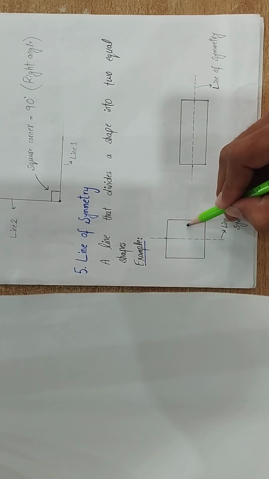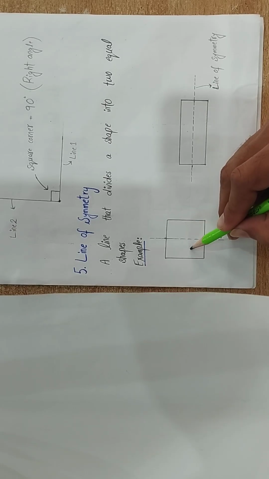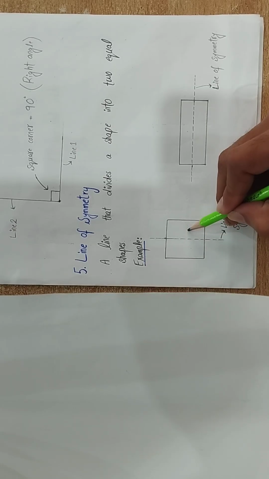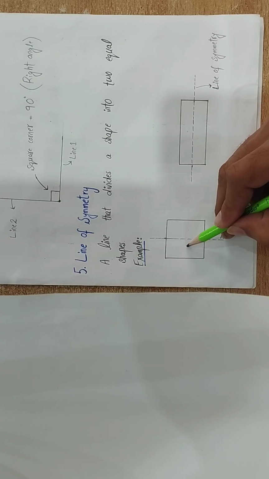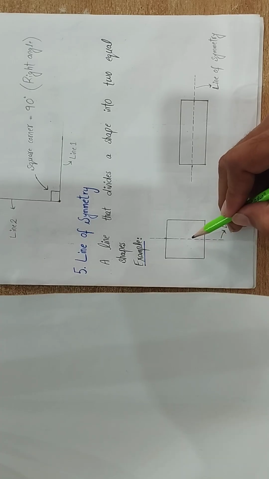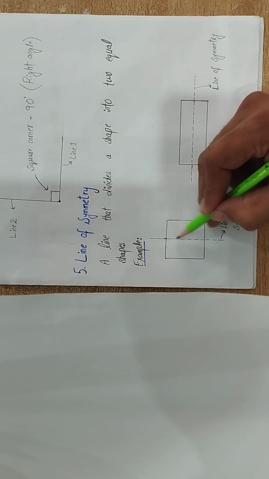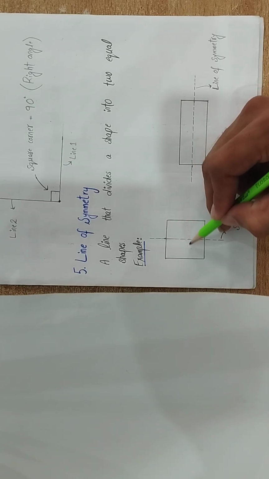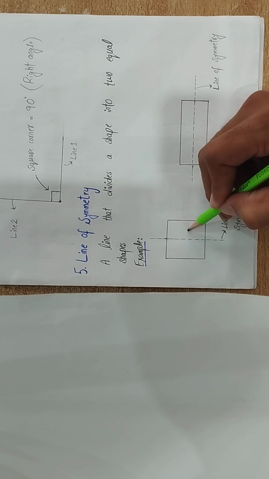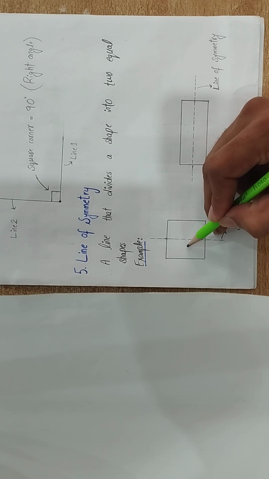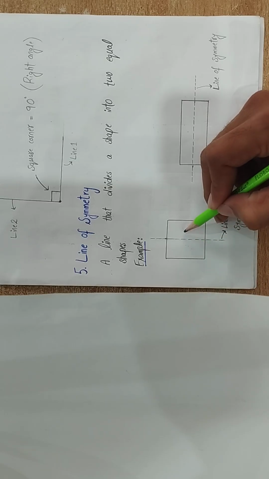If we fold this part on top of this part, they will exactly fit onto each other. Therefore, we can say that this line, which is dividing the shape into exactly two equal shapes, makes two parts that look like the mirror image of each other.